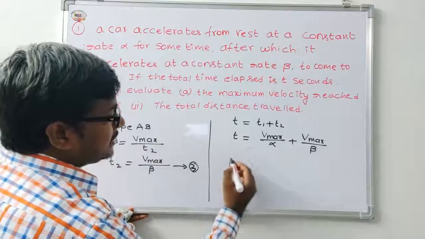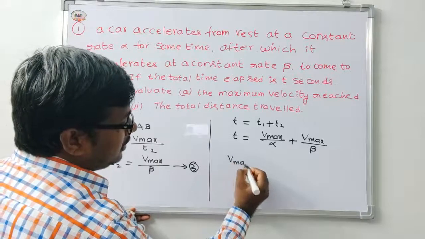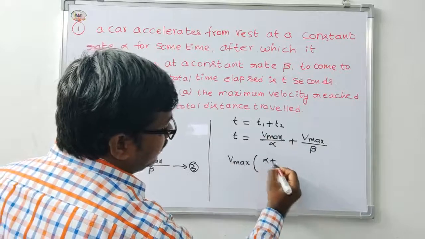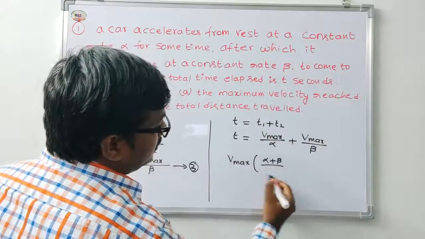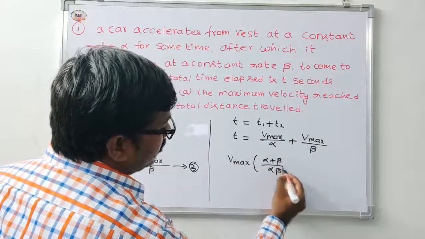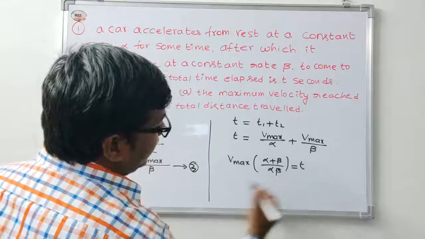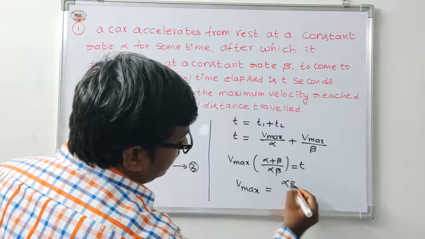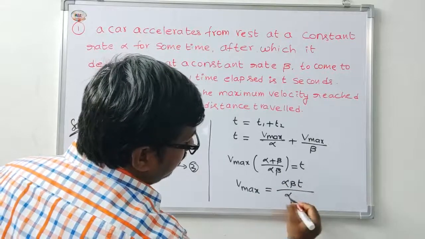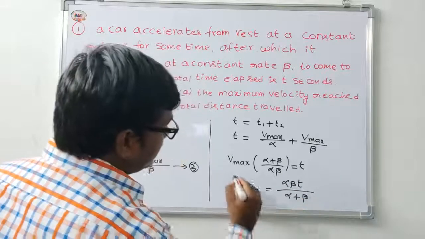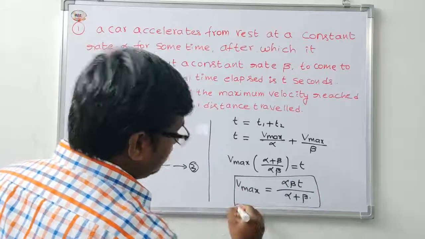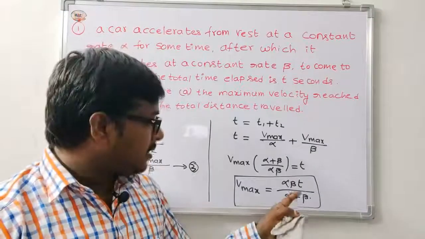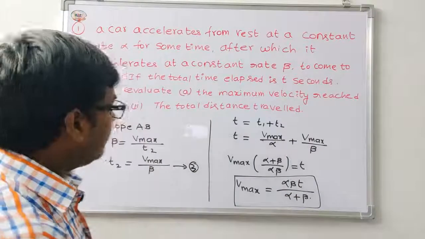Taking v maximum common and the LCM, v maximum into (alpha plus beta) by (alpha into beta) is equal to t. Then v maximum is equal to alpha beta t by alpha plus beta. This is the maximum velocity reached.